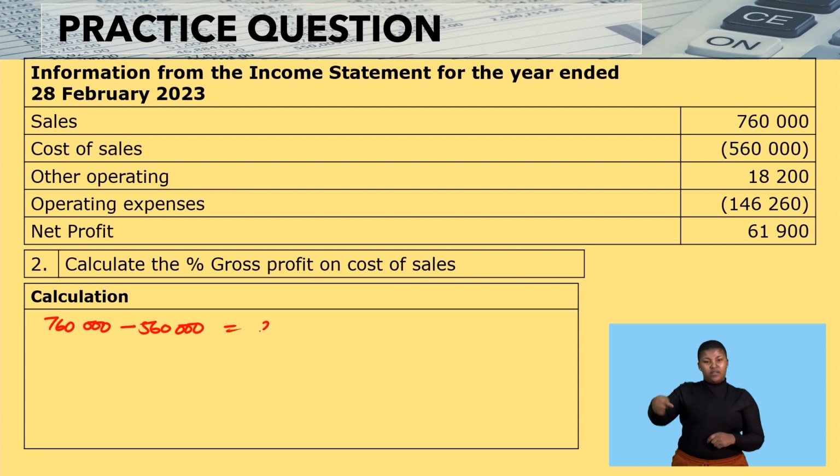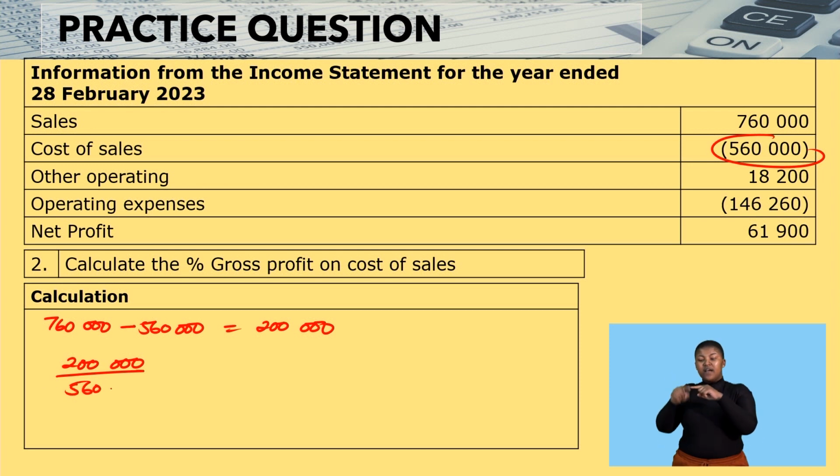That will give me gross profit of 200,000 rands. So I'll take my gross profit, which is 200,000, then I divide it by my cost of sales, which in this question is 560,000. I multiply by 100 over 1.